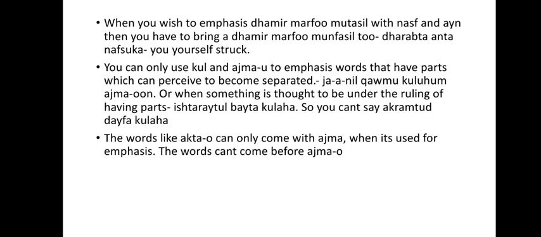Similarly, if there's something which is thought to have parts, for example, اشتريت البيت كله. You have a house which people normally perceive as having parts, because it's made of individual bricks, but you can't separate the parts away from each other. Whereas in qawm, you could separate the individual humans away from each other. But with the house, it won't be a house anymore if you do that.